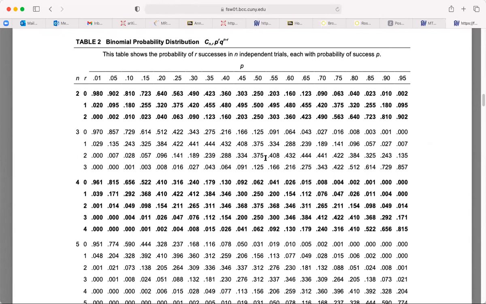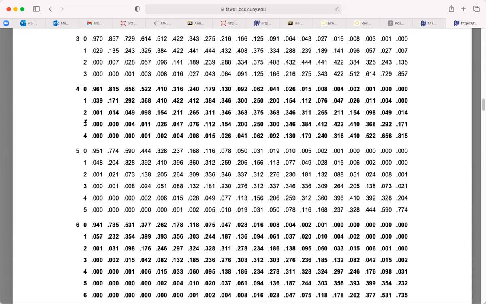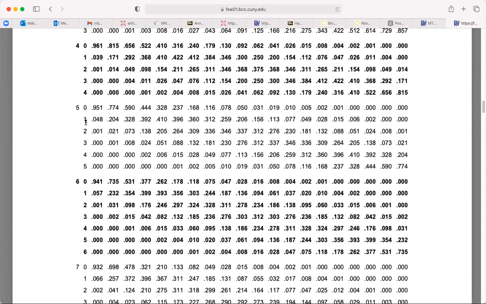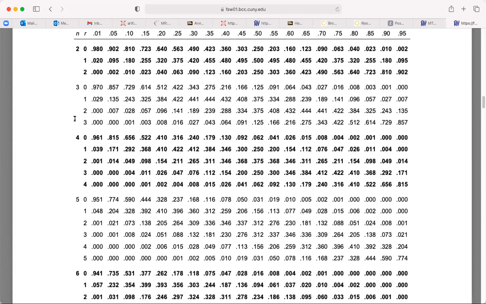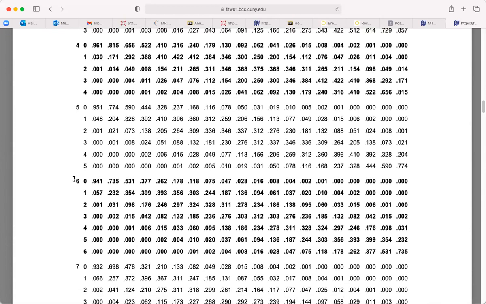Because we had this group of 6 married women. So n is equal to 6. You see here the first column, n, and then here is 6. So that's my n.